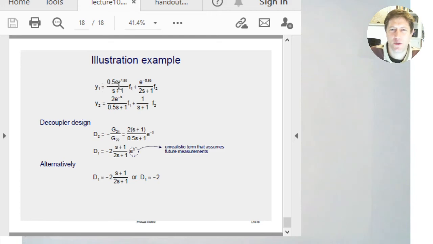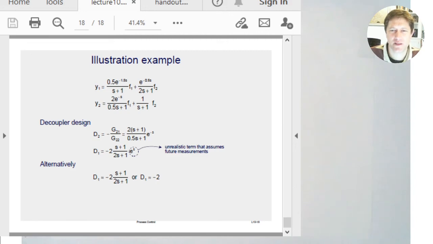So G21 is this term here, and we're going to divide that by G22, which is this term here. So we have 2s plus 1 divided by 0.5s plus 1, multiplied by e to the minus s.